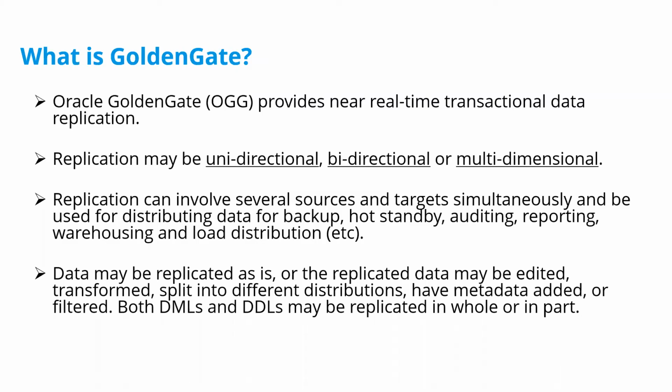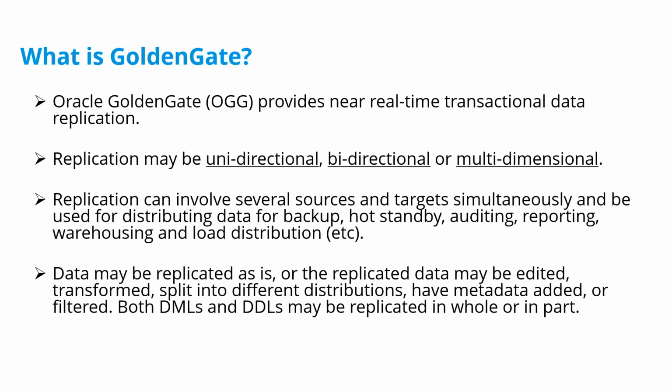The customer dissatisfaction was no longer there, and customer loyalty was back with them. So this is what you can use the target for: reporting, auditing, hot standby, whichever way you want. I'm giving you one use case of GoldenGate. There are multiple use cases available.